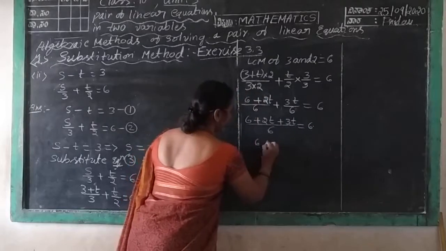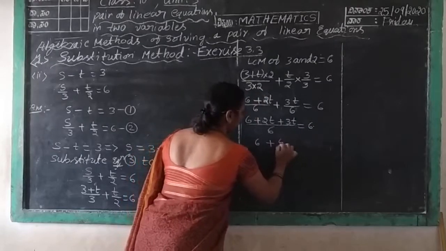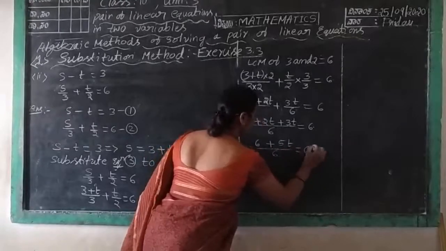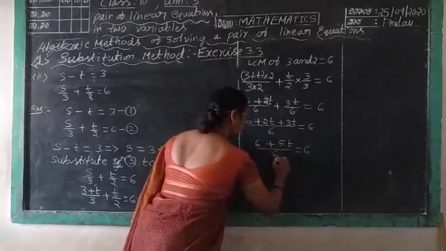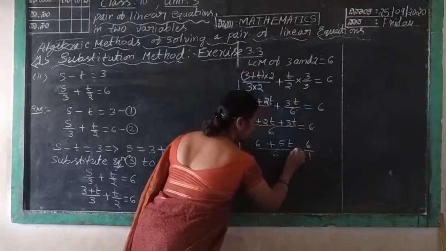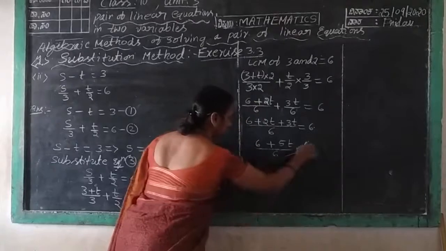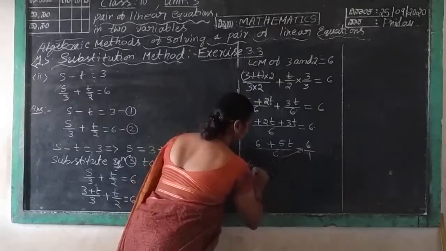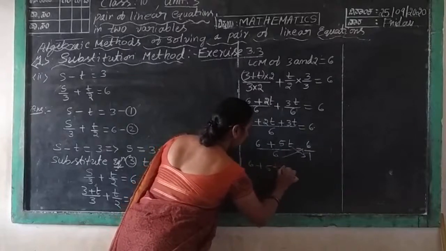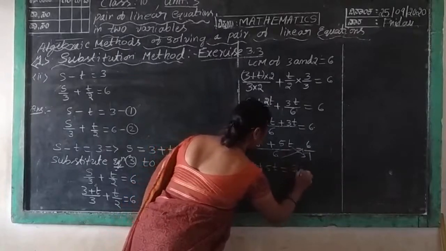Then 6 plus 5t divided by 6, that is equal to 6. Then we cross multiply, 6 into 6, you will get 6 plus 5t is equal to 36.